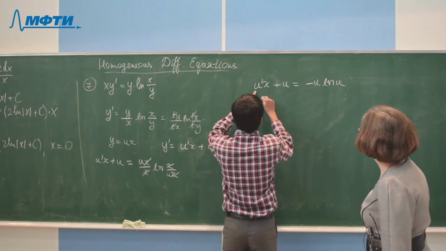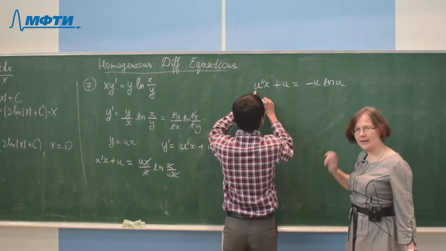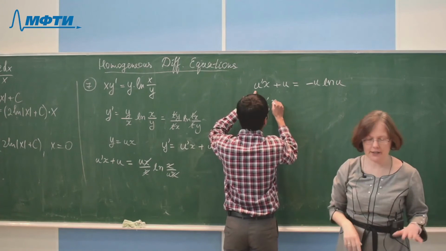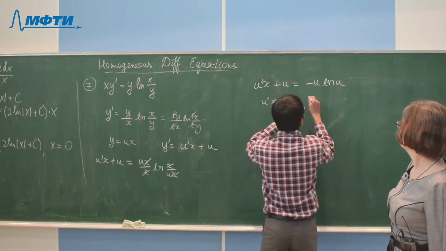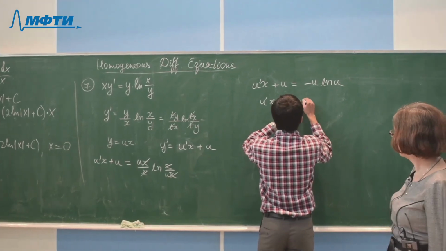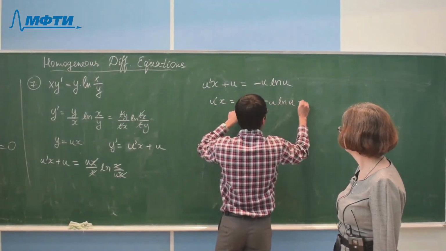To separate variables, we should move u to the right hand side first, and then divide and multiply. So it is minus u, right.